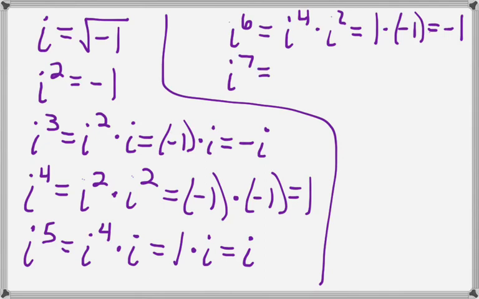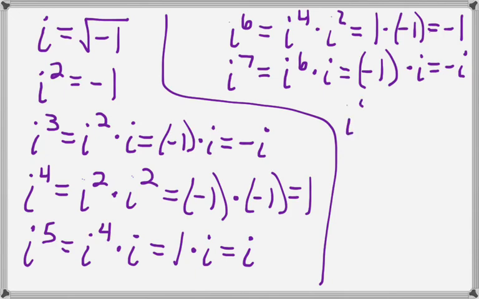i to the 7th, well, we could think of that as i to the 6th times i. And we just saw i to the 6th is -1. So we have -1 times i, so -i again. Now let's do one more, i to the 8th.